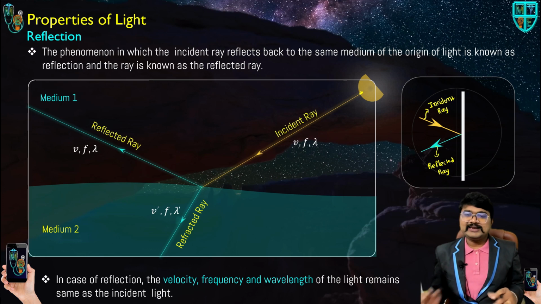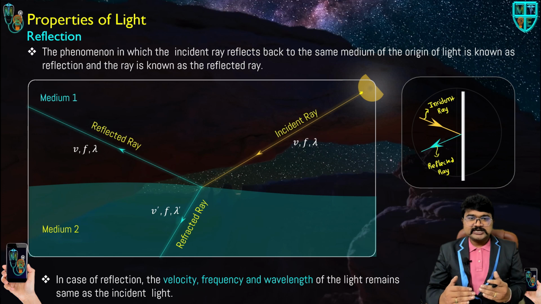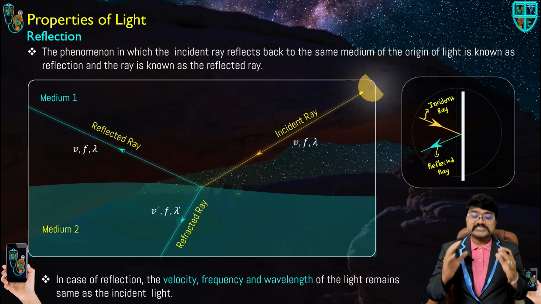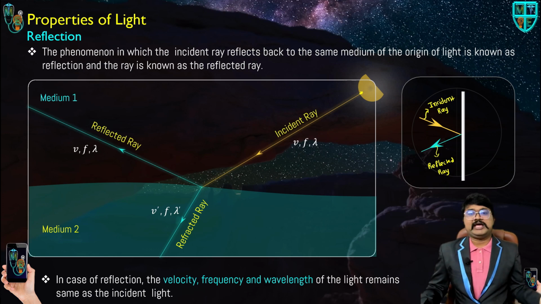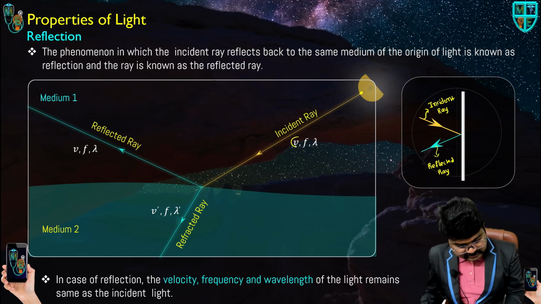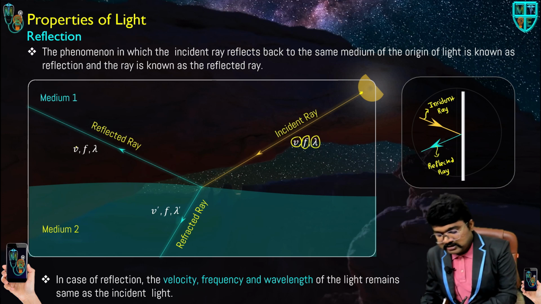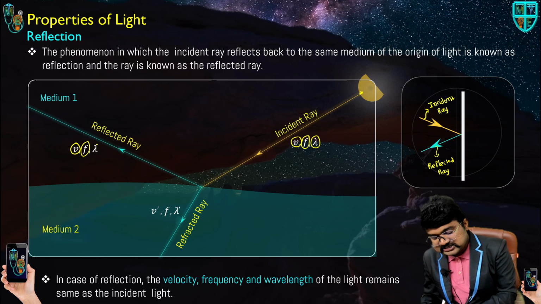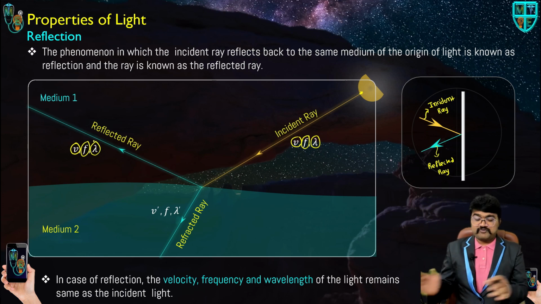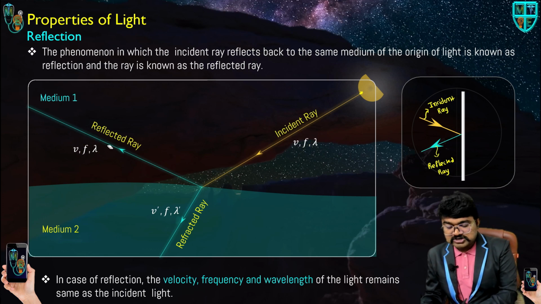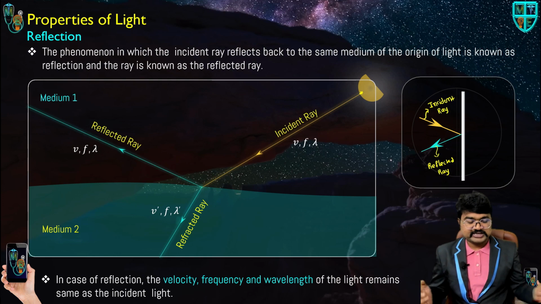We already discussed that in reflection, the velocity, frequency and wavelength of the reflected ray remain exactly the same as the incident ray. These are not changing in case of reflection.